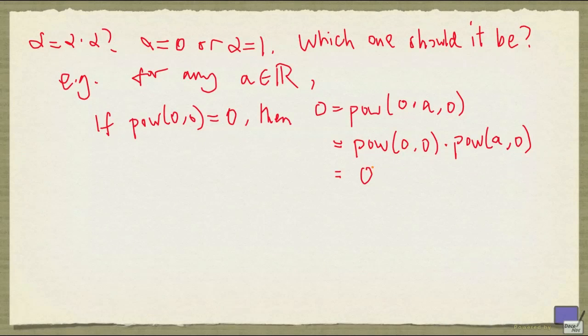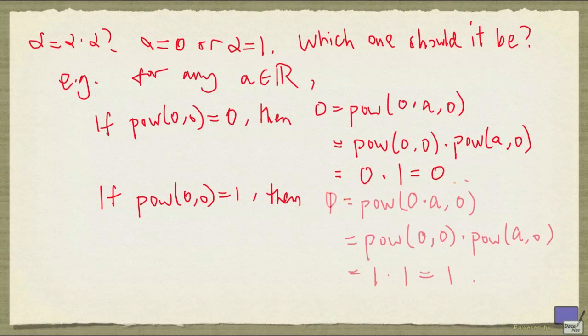And this first value is 0, and this one here, as we saw, is defined to be 1. And so this is 0, which is okay. Now, if instead we define this to be 1, then what's going to happen is this, which is also fine. As you can see here, either definition of 0 to the 0 will not cause any trouble with property 3. And the same is going to be true for all other properties that we have listed. In other words, you can assign either 0 or 1 to 0 to the power 0.